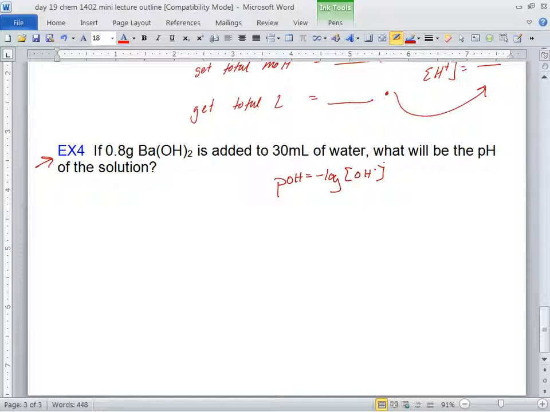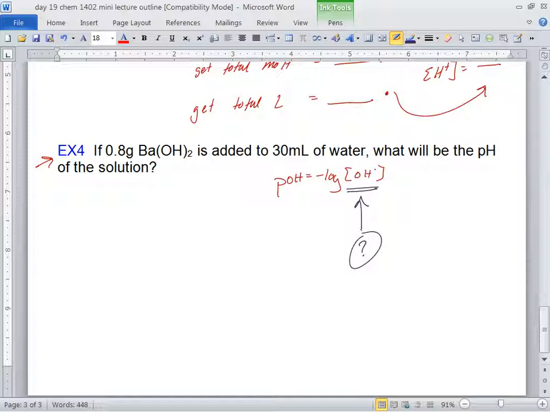How are you going to get this then? We got to get concentration of hydroxide.